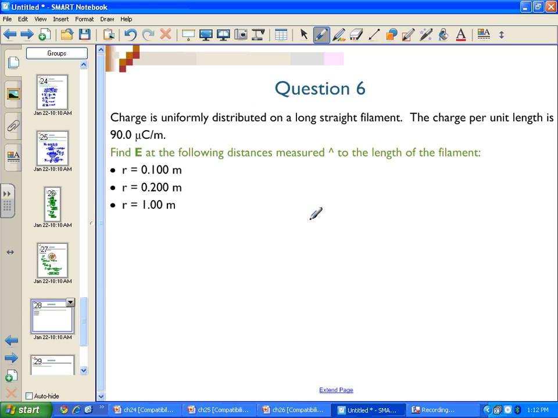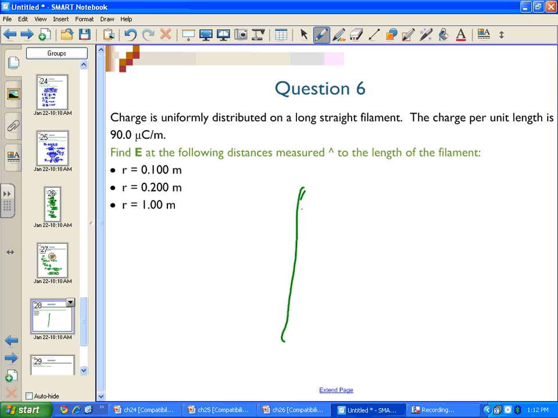Next problem. Here, we're told that there's charge that is distributed over a long line of charge, and that the charge per unit length is equal to minus 90 microcoulomb per meter. For some reason, our minus is not showing up here.